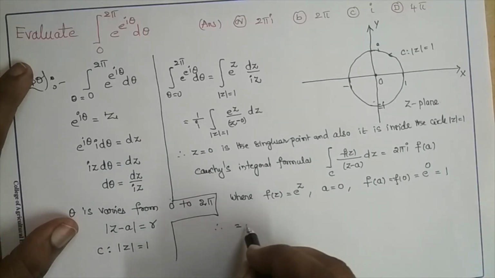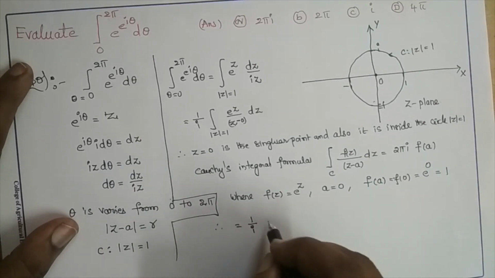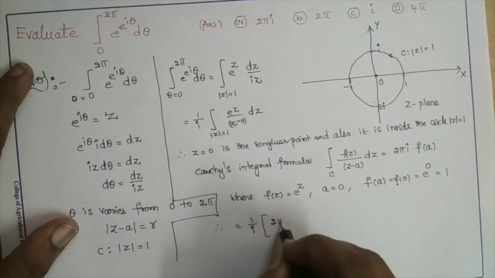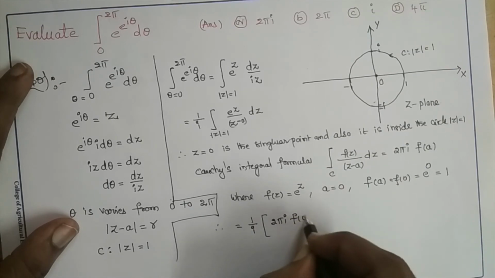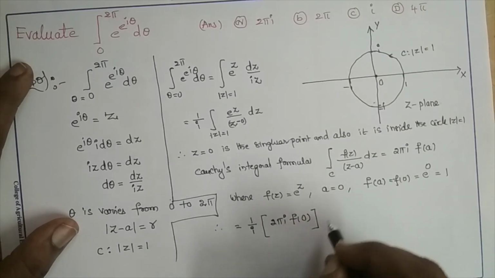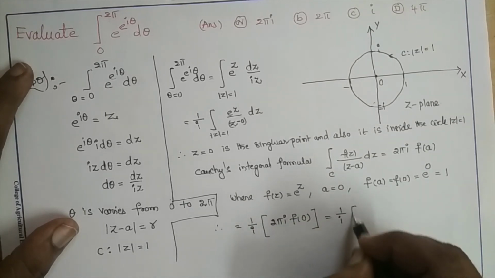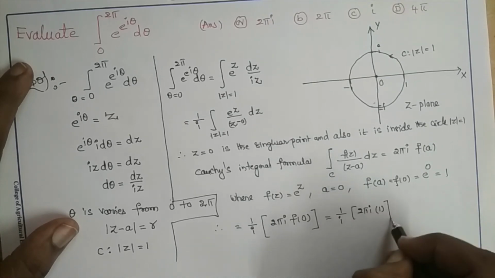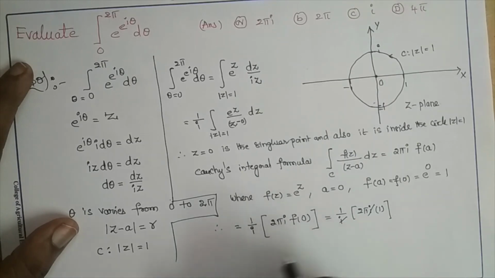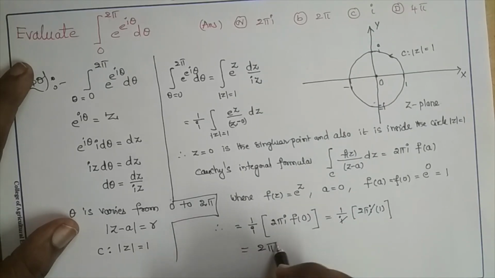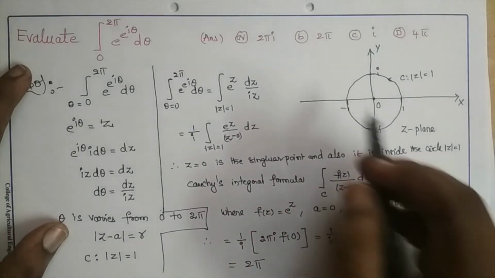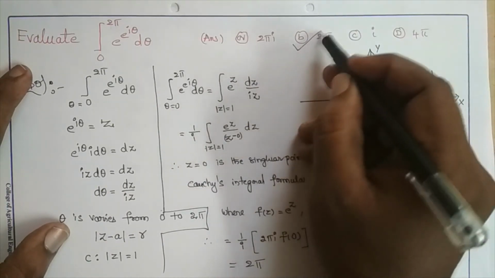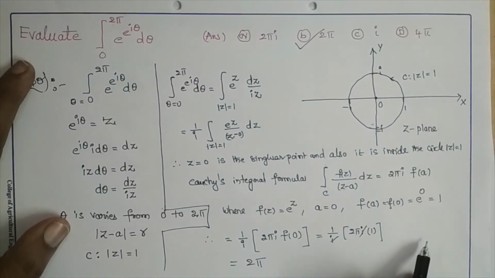Already 1 by i is existing, so this can be written as 1 by i into 2 pi i into f of 0. The value of f of 0 is 1, so i gets cancelled. The answer is 2 pi. So what is the answer? B is equal to 2 pi. Thank you.